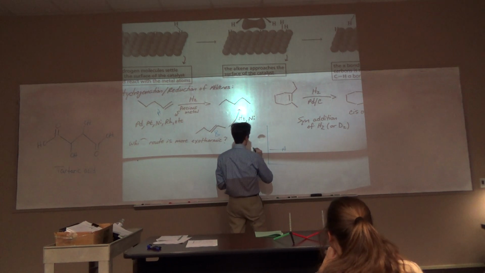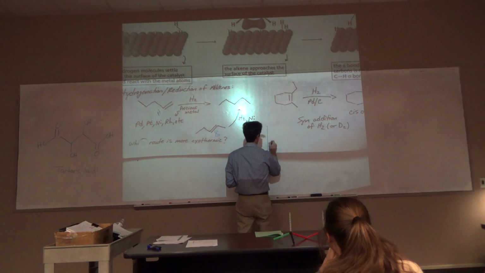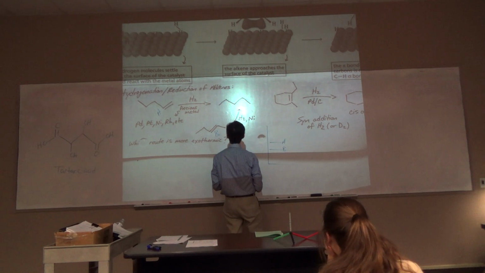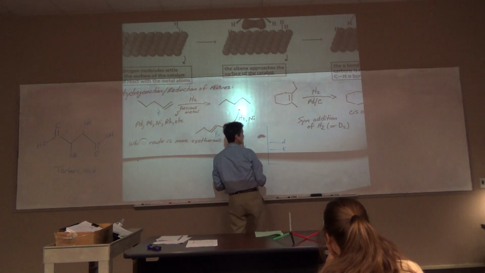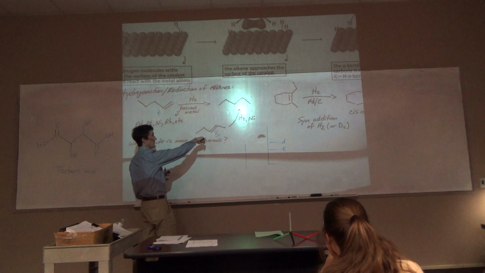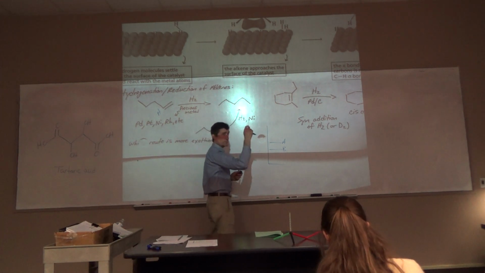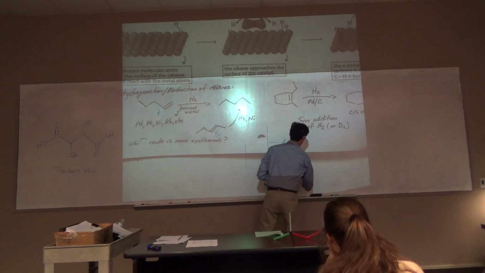B would be lower. A here, B lower. They're going to C. How does C compare to these two? It's more stable. It's got stronger bonds. That's what we said 2 minutes ago. C would be down here.